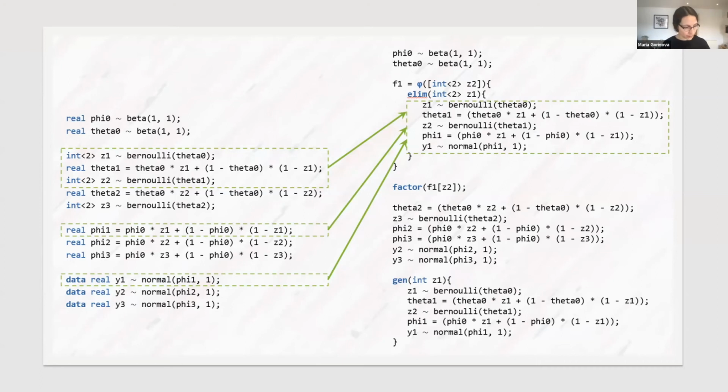Sorry, can you repeat the last bit of the question? I'm saying, are we assuming the conditional independence structure of the model doesn't change during inference? Yes. Not unlike other Stan programs, we need to have a fixed parameter space, so it doesn't change.